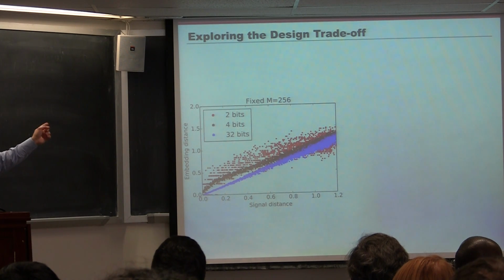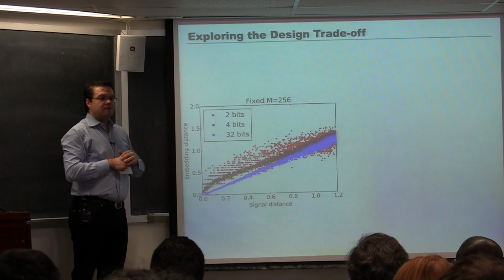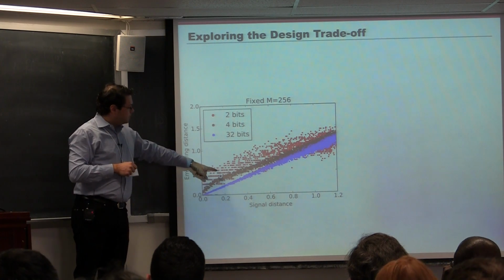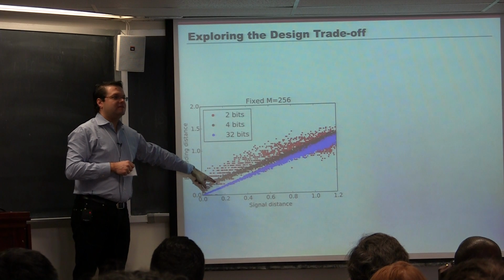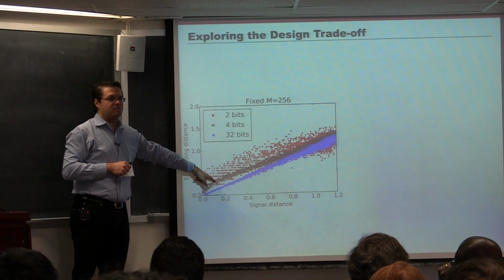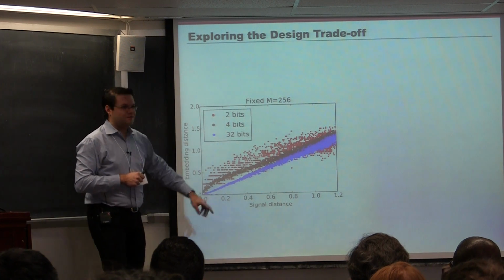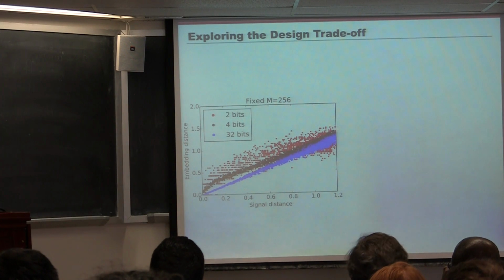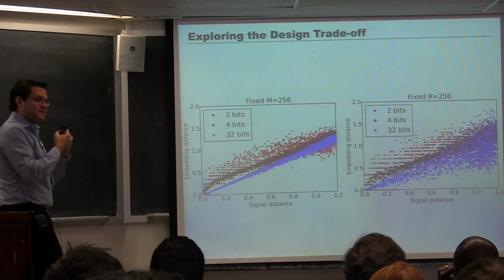Now, what this comparison doesn't show, and it's not fair, is that if I use 256, let's say, dimensions, the 2-bit embedding uses 512 bits. The 4-bit embedding uses 1024 bits. The 32-bit embedding uses a lot of bits. I don't even want to calculate that, right? So to be fair, we actually need to do a comparison that takes the rate into account.